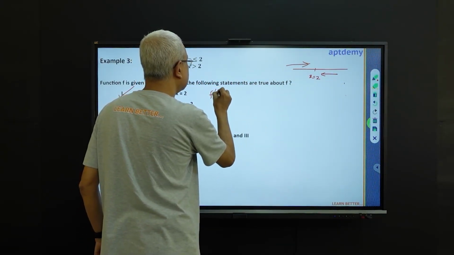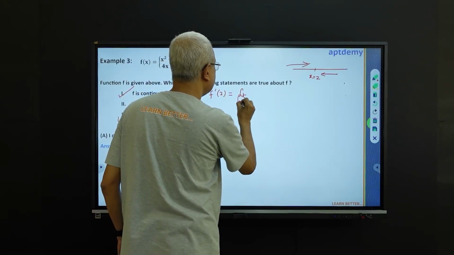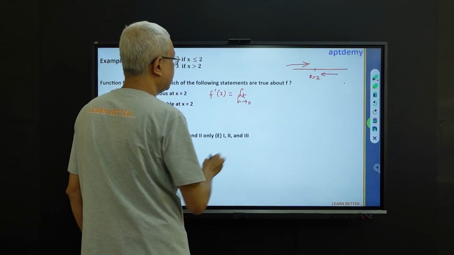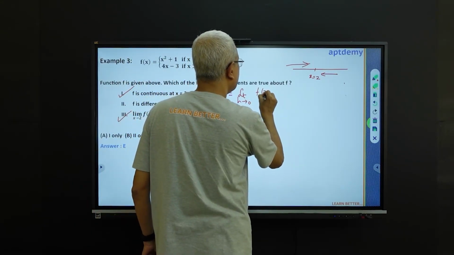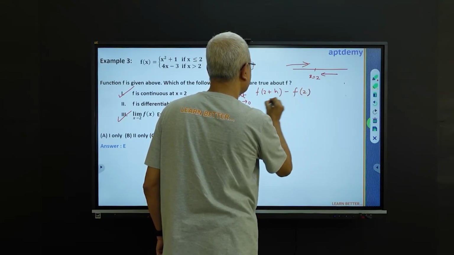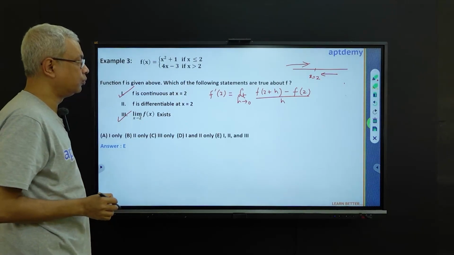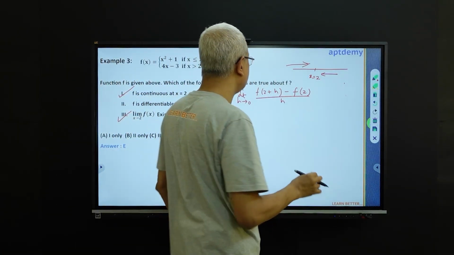f dash 2 is equal to limit h tends to 0 of f(2 plus h) minus f(2) divided by h. So both left hand limit and right hand limit are to be evaluated.